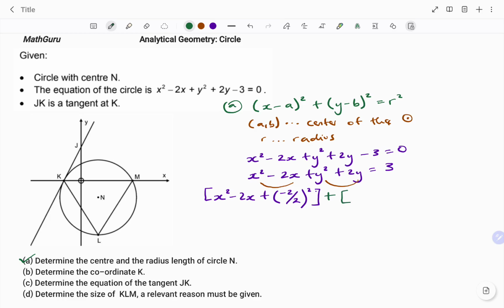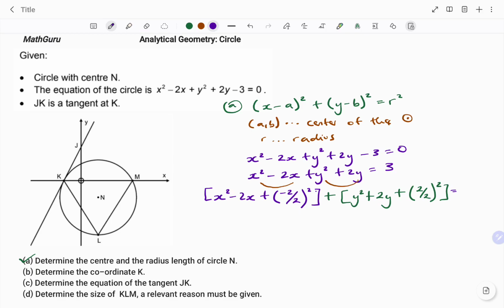I have y squared plus 2y plus the square of half the coefficient. The coefficient of y is 2, so I'm going to half that, divided by 2 all squared. Close bracket. And note that whatever you do on the left, you do on your right.